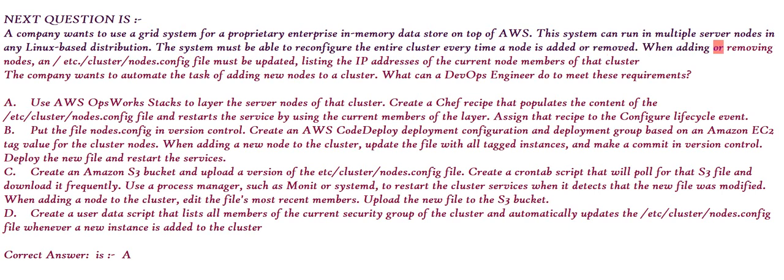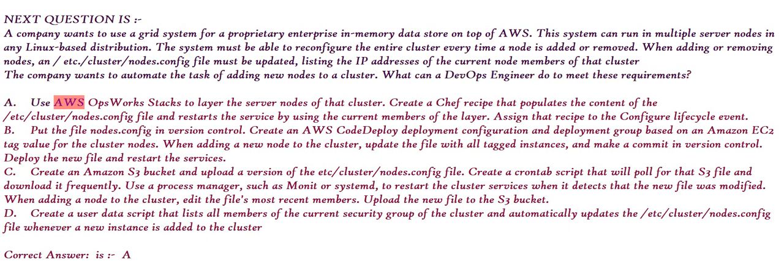When adding or removing nodes, an /etc/cluster/nodes.config file must be updated, listing the IP addresses of the current node members of that cluster. The company wants to automate the task of adding new nodes to a cluster. What can a DevOps engineer do to meet these requirements?